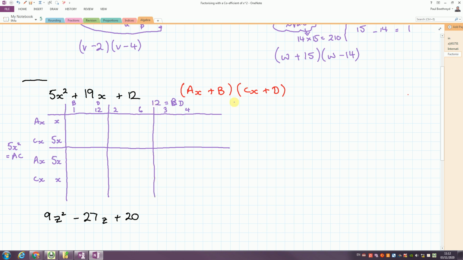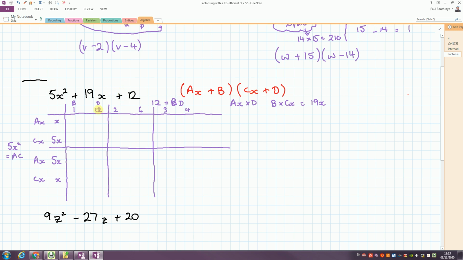So ax times cx gives us 5x squared, and what we're looking for now is a value where ax times D and B times cx gives me my 19x in the middle. That's what this is hunting for.